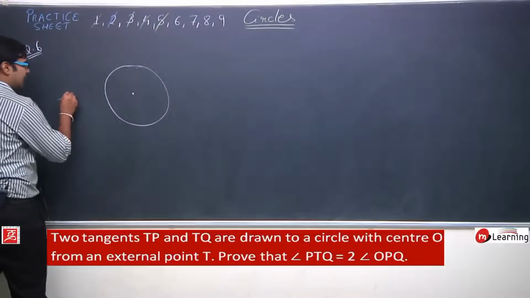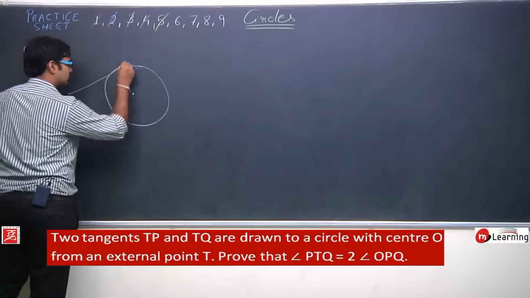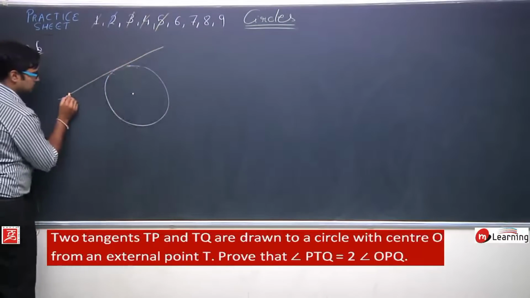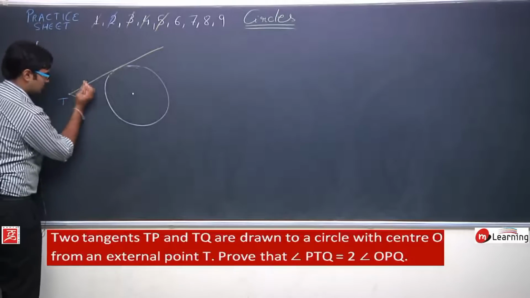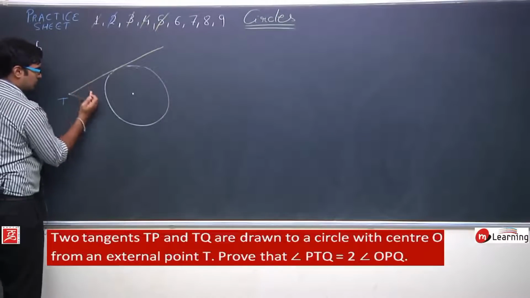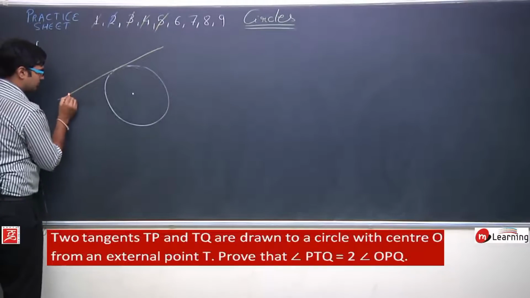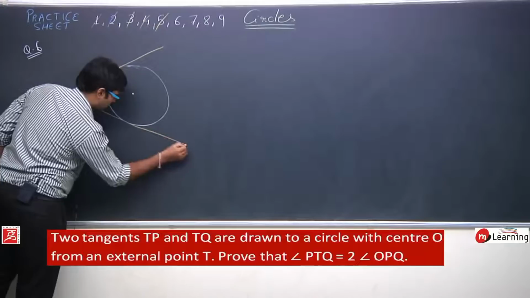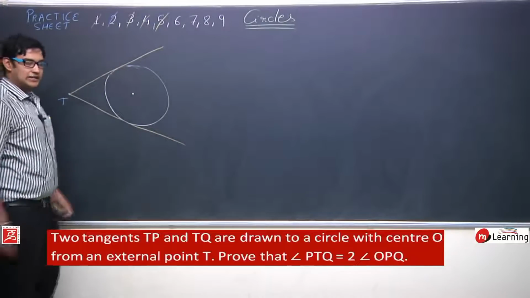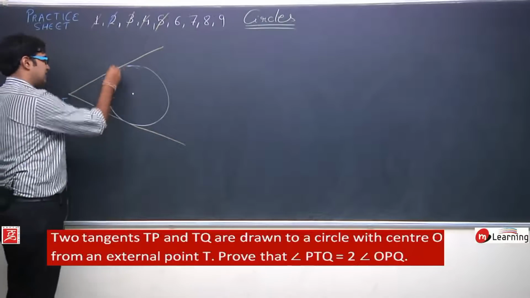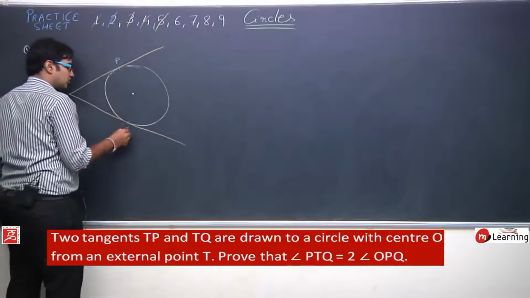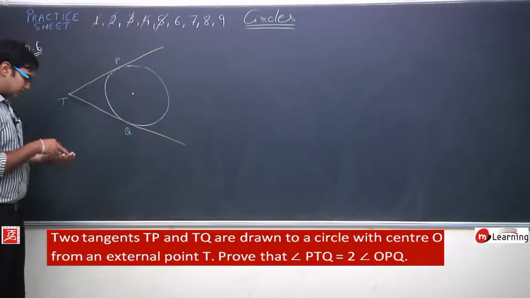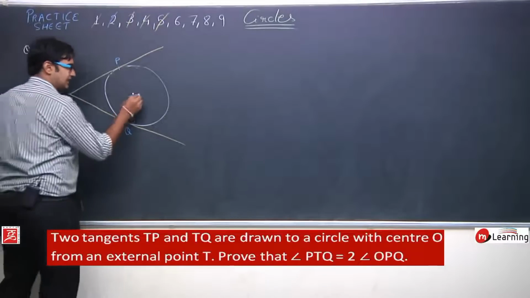So TP and TQ are the two tangents to this circle. So these are the two lines, and this is TP and this is TQ. TP and TQ are the two tangents on this circle with center O.